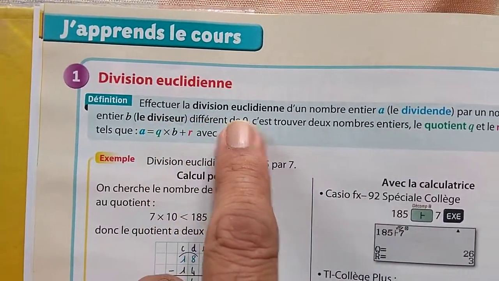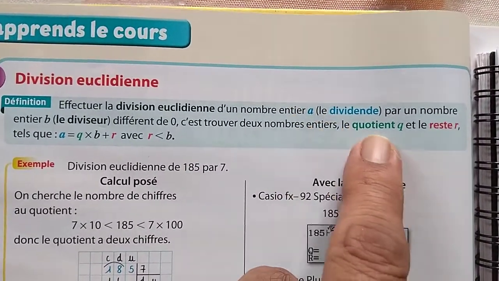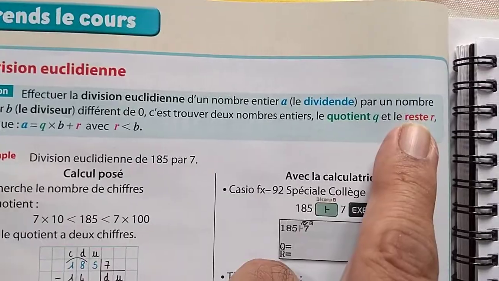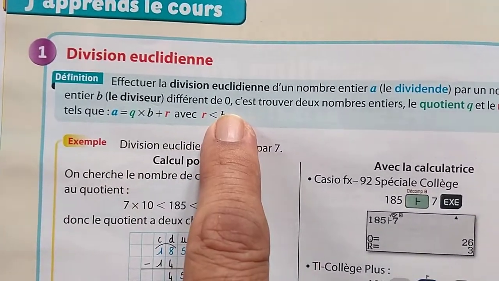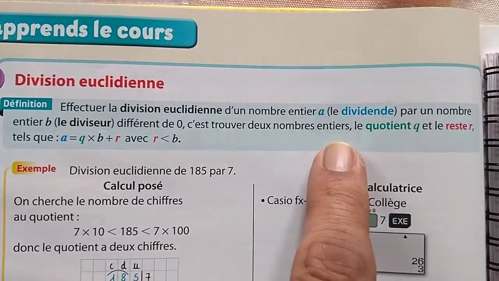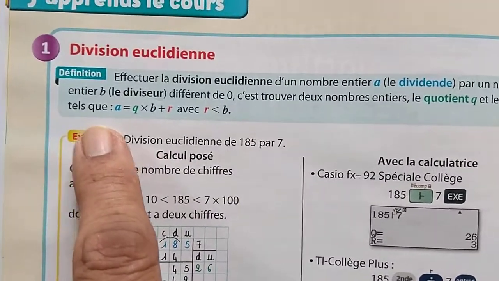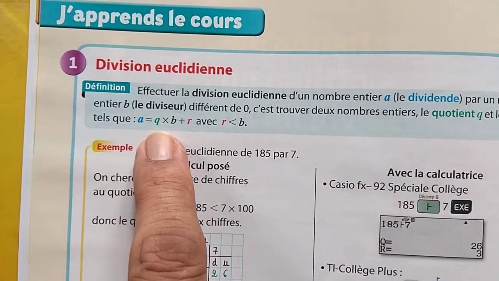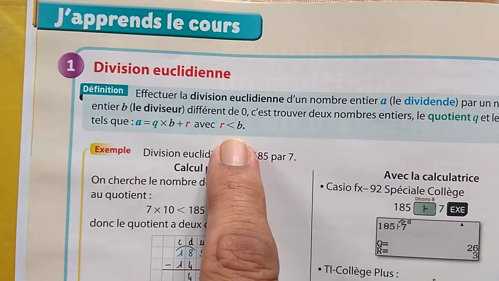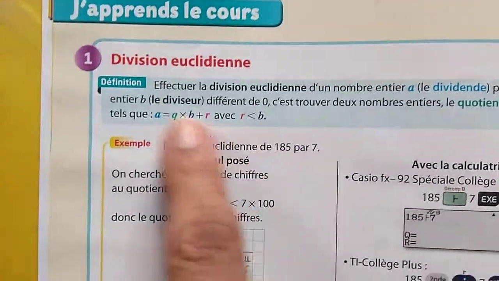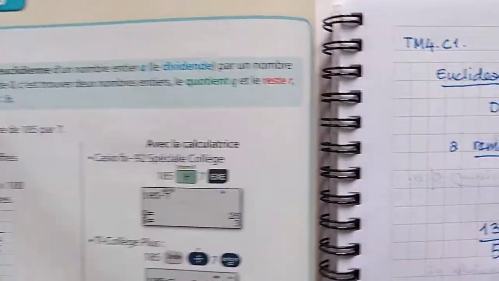Effectuer la division euclidienne d'un nombre entier A, which is known as le dividende, par un nombre entier B, le diviseur, différent de 0, c'est trouver d'un nombre entier le quotient Q et le reste R, tel que A est égal à Q fois B plus R, où R est plus petit que B.